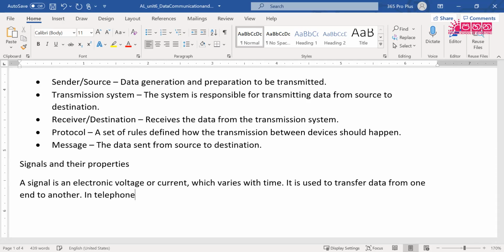In a telephone conversation, sound waves are converted to an electrical signal and transmitted to the destination.